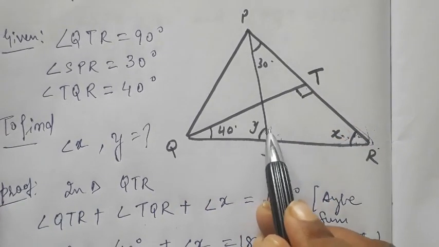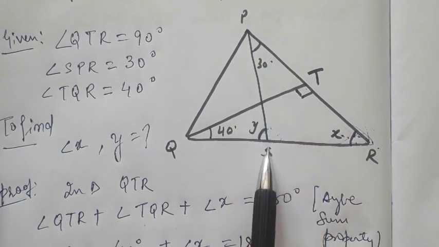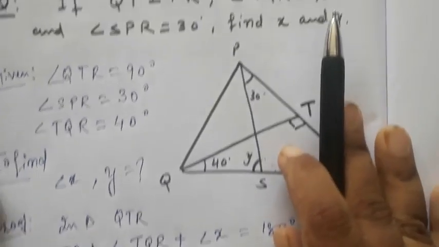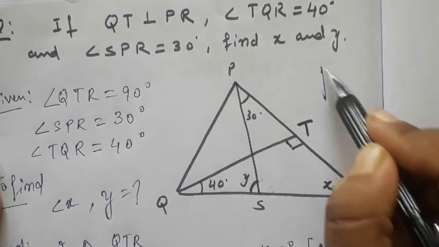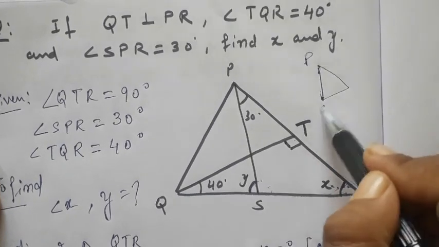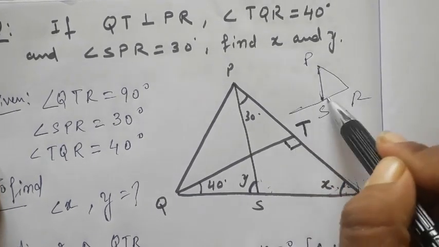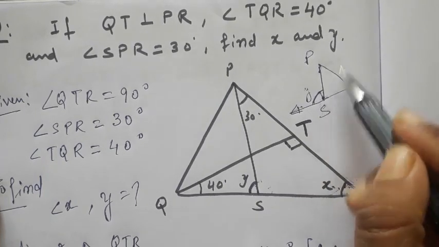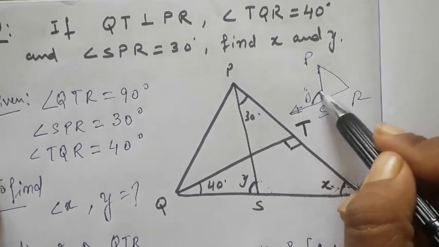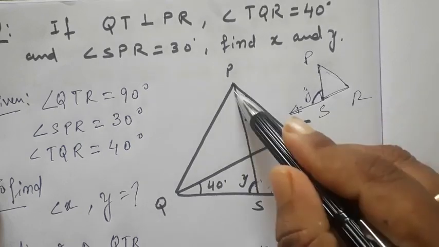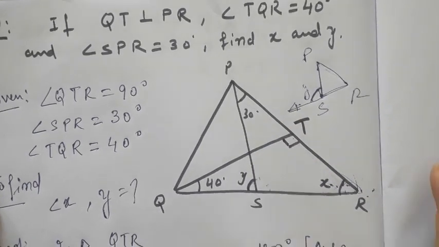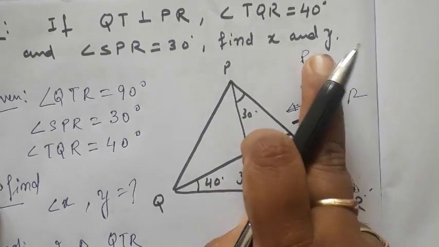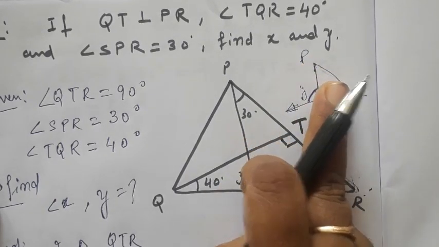Now from here you can see that for triangle PSR, angle y is the exterior angle. As you can see, in PSR, the side is extended and this is y. So this is exterior to triangle PSR. By the exterior angle theorem, angle y will be equal to the sum of the two interior angles.